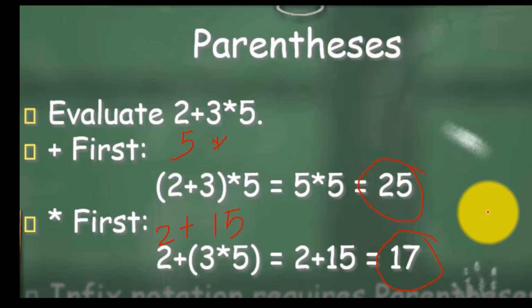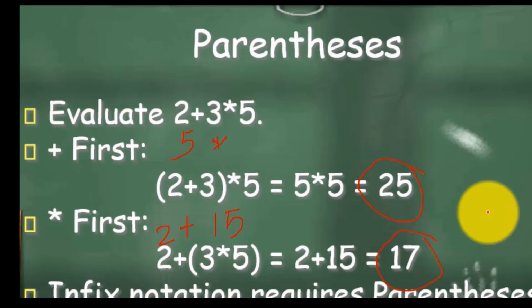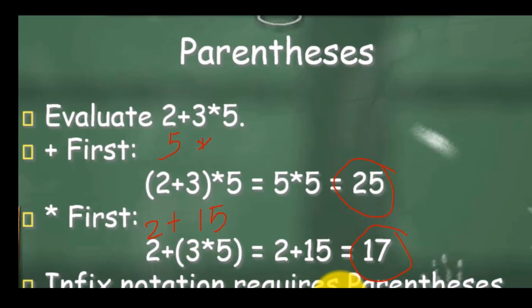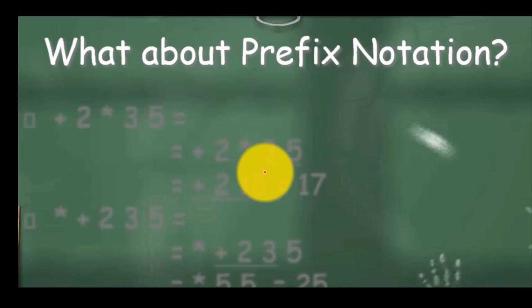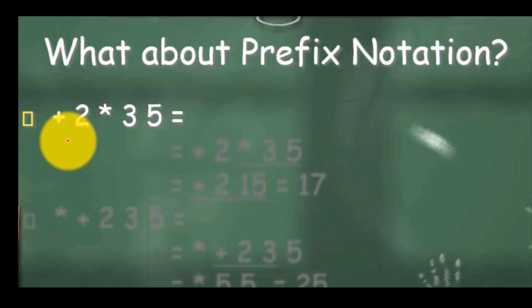So in this example, the infix notation requires parentheses, but prefix and postfix don't require parentheses, only the infix. What if we're going to use the prefix notation? Let me say this is a prefix because our operator is before the operand.